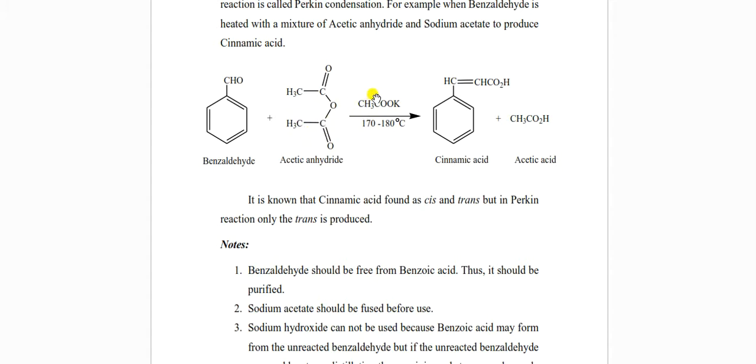Because if there is any moisture, any drops of H2O with this salt, this H2O will hydrolyze the starting material, the anhydride. In any case, if we have an anhydride with water, the water will hydrolyze the acetic anhydride, and this anhydride will dissociate into two molecules of acetic acid. That means we will lose the starting material.